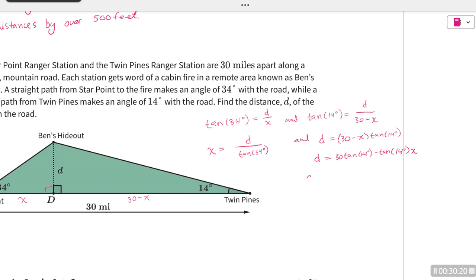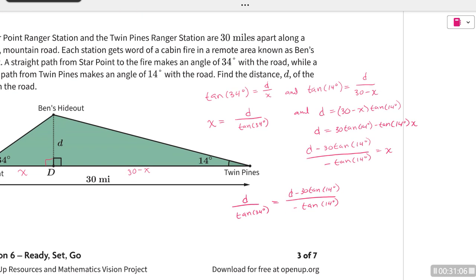So I can do d minus 30 tan of 14 divided by negative tan of 14 to get x all by itself. So now I can set these two things equal to each other. I can say d over tan of 34 equals d minus 30 tan of 14 divided by negative tan of 14. And you could have just found x first if you found that easier, perhaps.